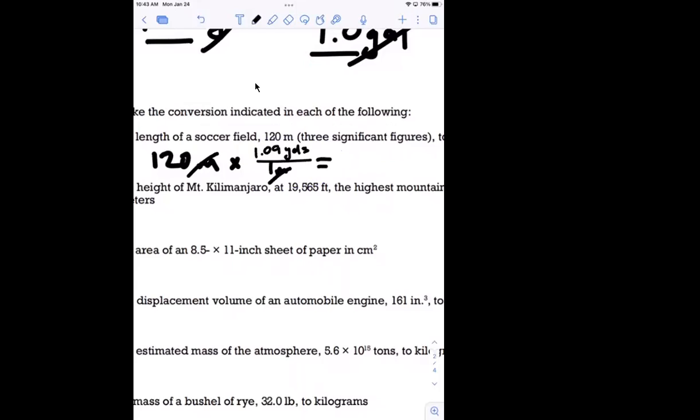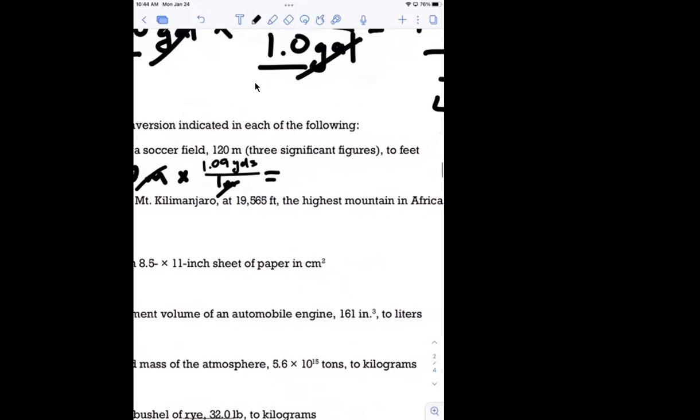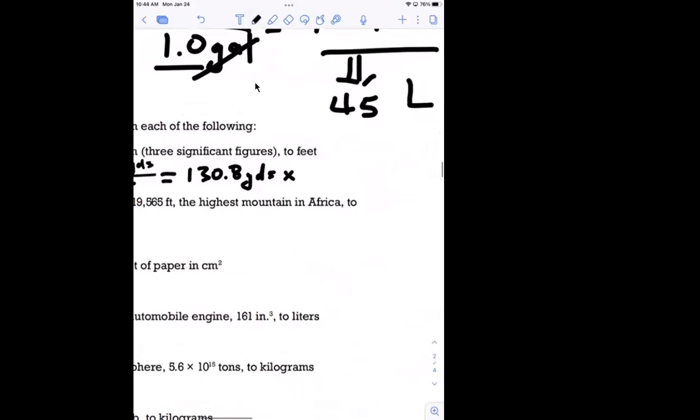Anybody got it? 1.09 times 120. 130.8. So 130.8 yards, and then times how many feet are in a yard? Now that we should remember from elementary school. 3 feet in a yard, right? So that's 130.8 times 3 feet per 1 yard.